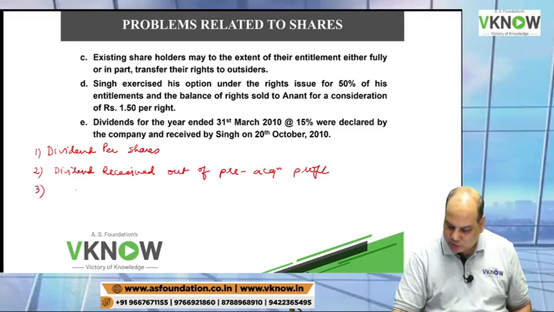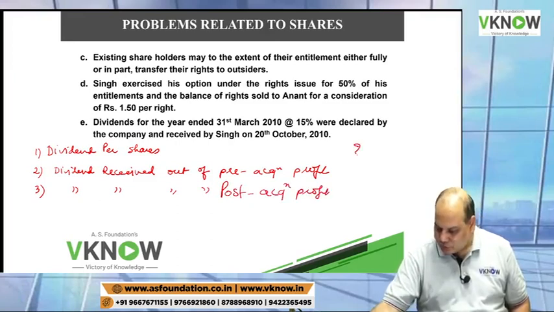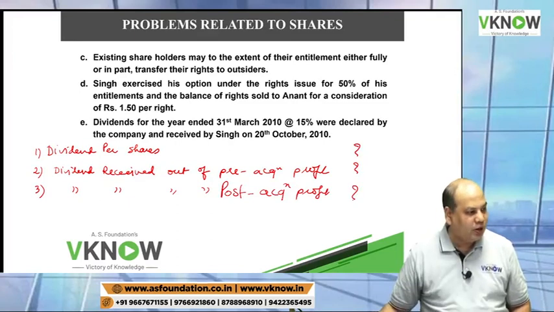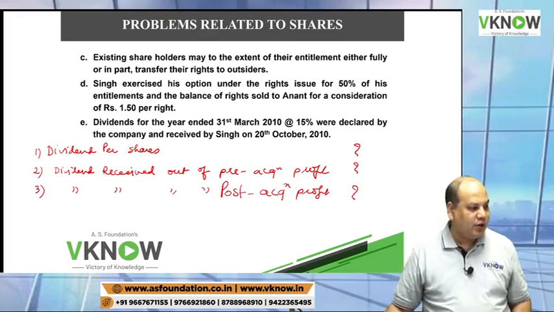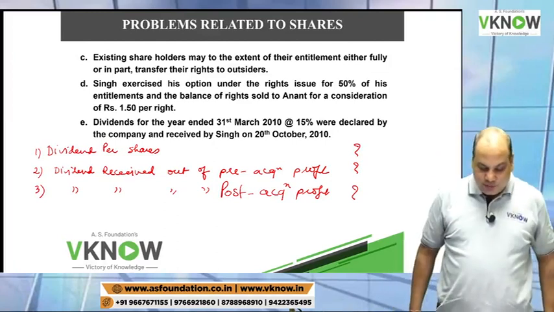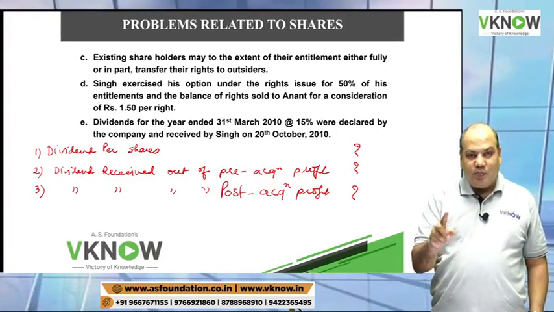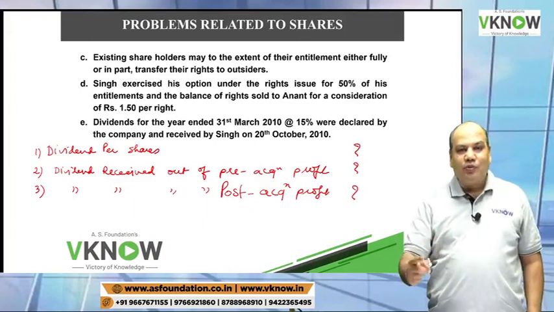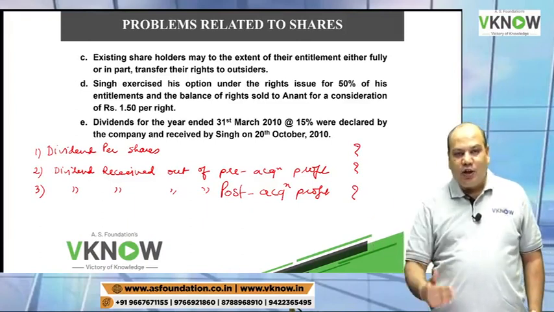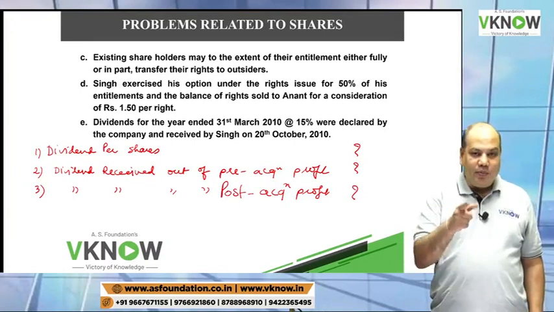My third question is, how much dividend was received out of post-acquisition profit? Three questions you will answer in ascending order. Do not give me any explanation. Just write down three numbers: dividend per share, dividend out of pre-acquisition profit, dividend out of post-acquisition profit. I want the answer in number.